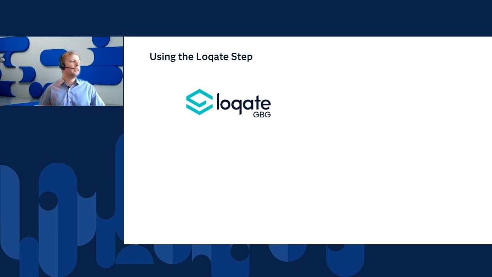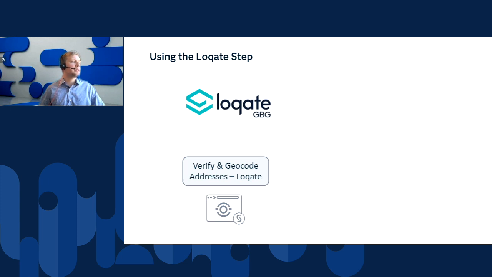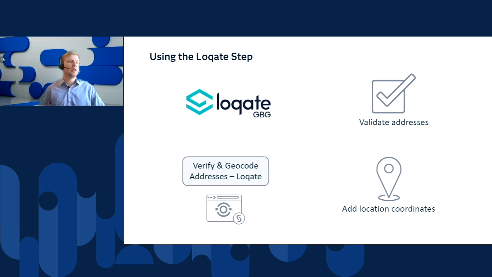And this is done via a step in SAS Studio that allows you to both verify address information and add location coordinates. And so the 2 pieces here, the validate addresses, that's essentially just going to return whether or not an input address is a valid address, whether or not it exists, which can be useful for many purposes.